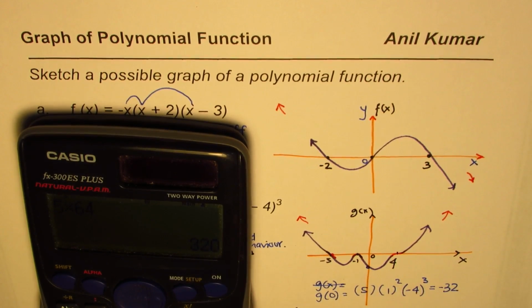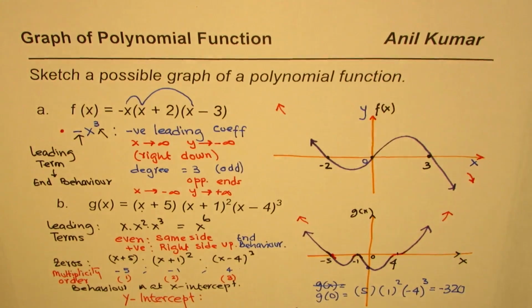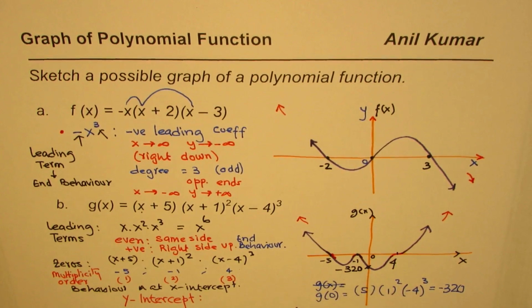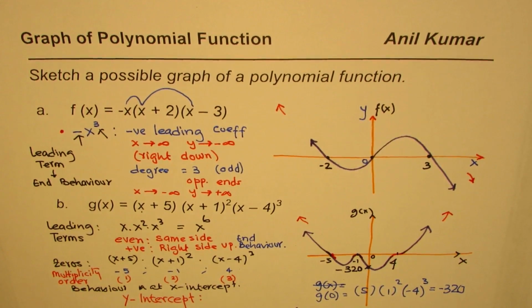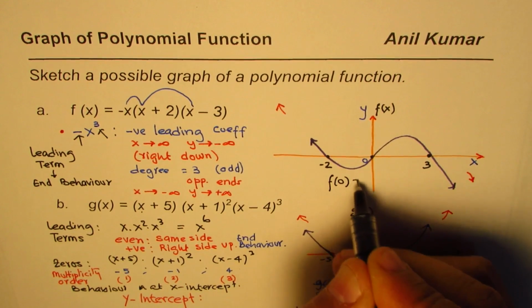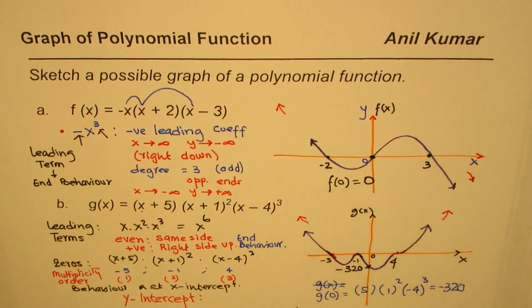So this point here is minus 320, correct? So that is the y-intercept. After sketching, it is a good point to always write 320. I nearly skipped it. Here it was easy if I write 0 here. So I get f of 0 equals 0 times anything, we get 0. So the y-intercept is right at the origin, correct?